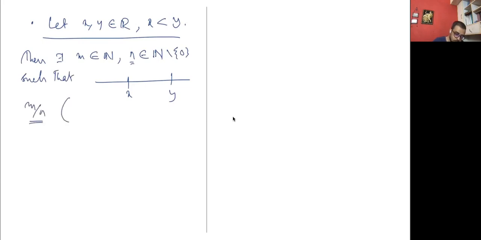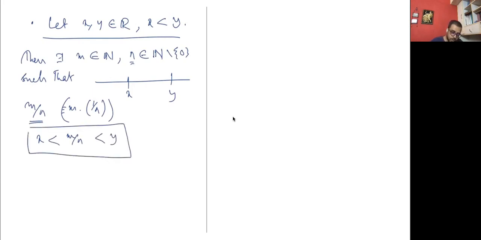So this means basically m into 1 over n, right? So earlier, you recall what we had proved was that given any two reals, x less than y, we can find another real.